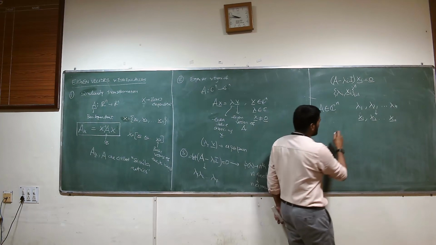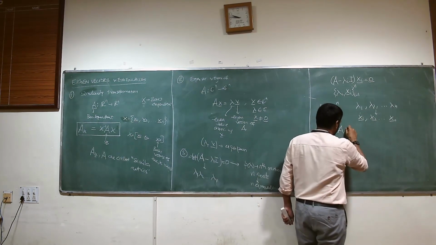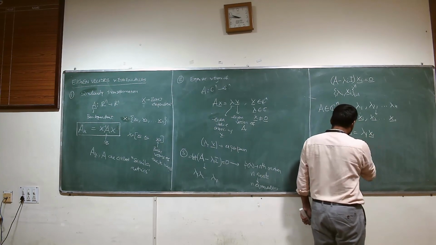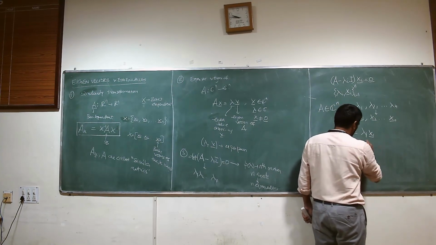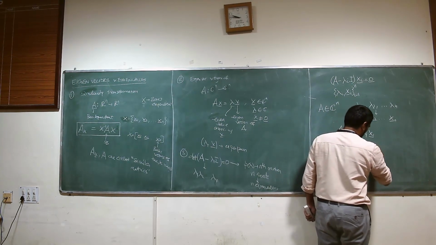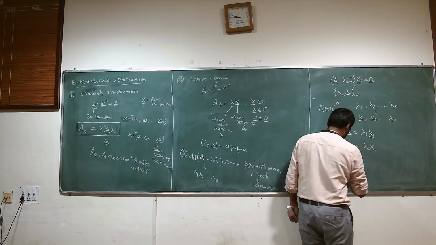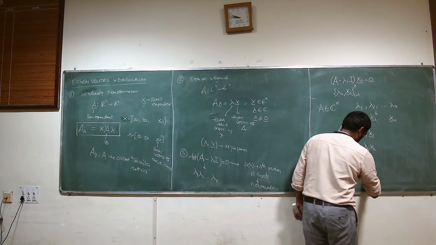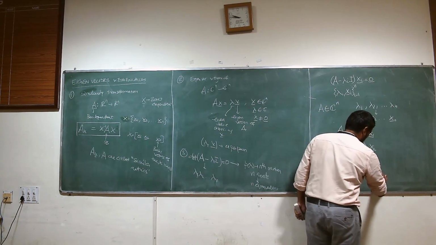So if that is the case, then I can write: A x1 equals lambda 1 x1, A x2 equals lambda 2 x2, up to A xn equals lambda n xn.